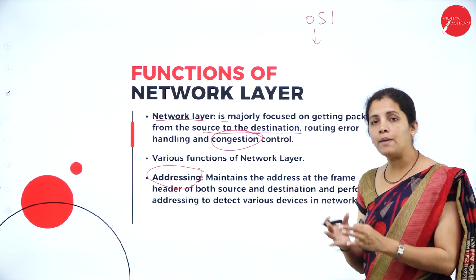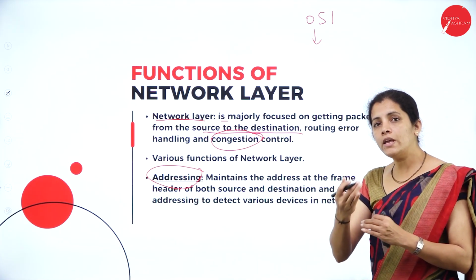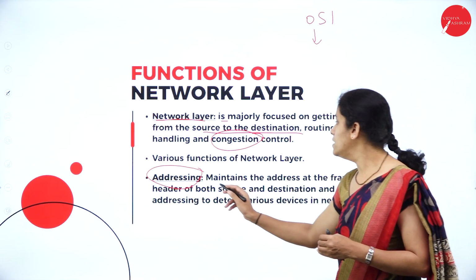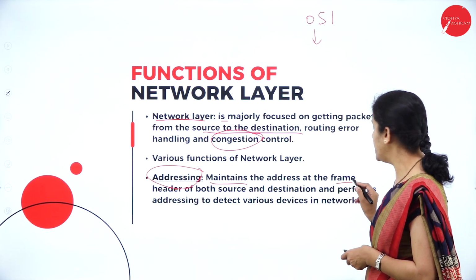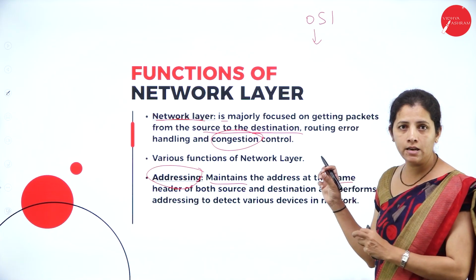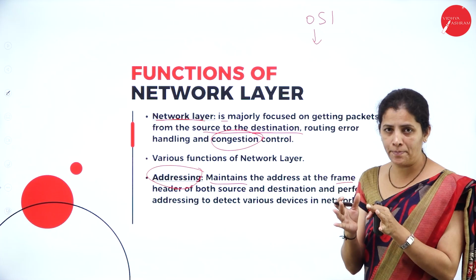But think that I'm going to receive the message. When I receive from each layer, I'm going to remove the address. So here it maintains the address in the frame header. So dear student, in my network layer, I'm going to consider the message as my frame.